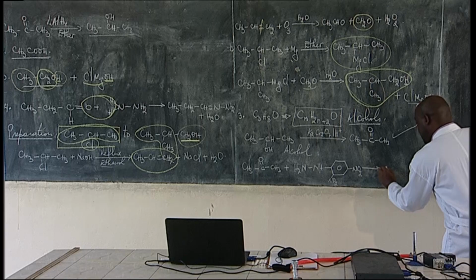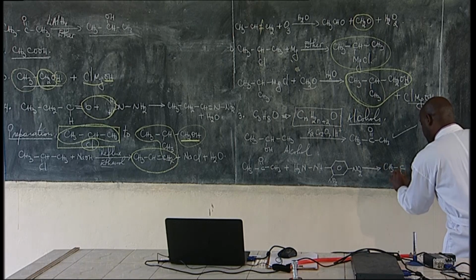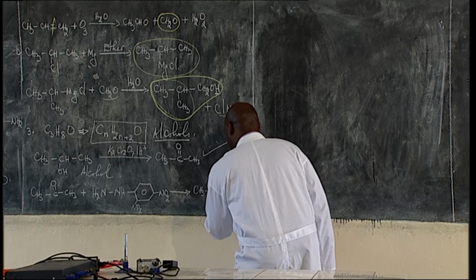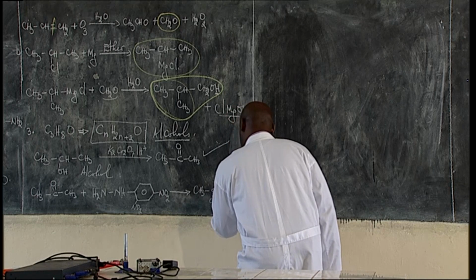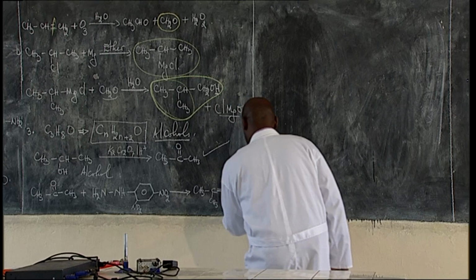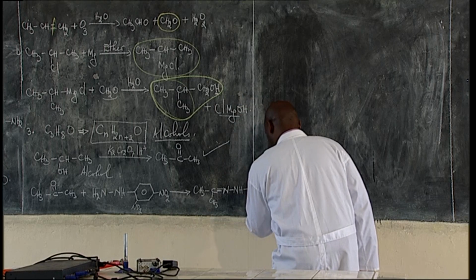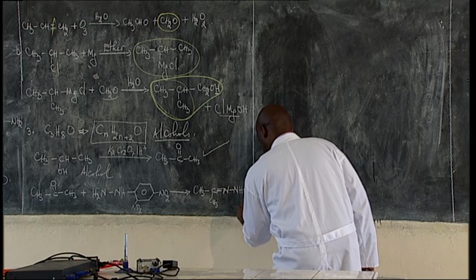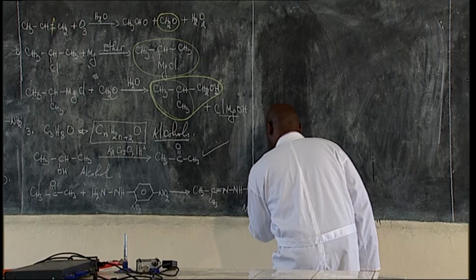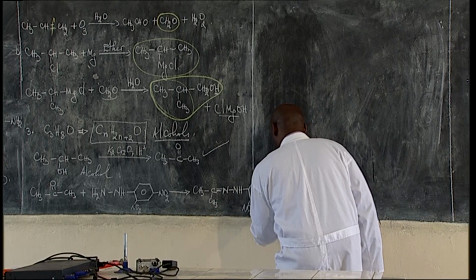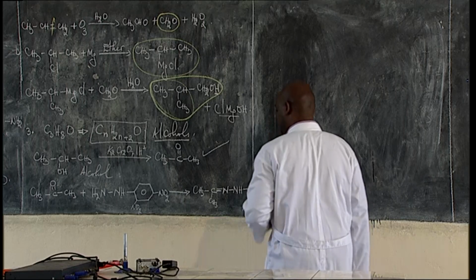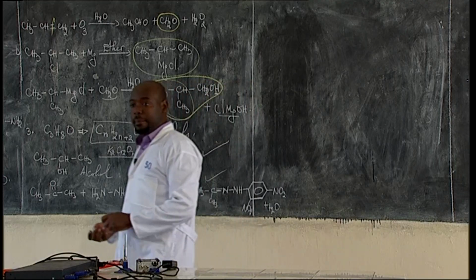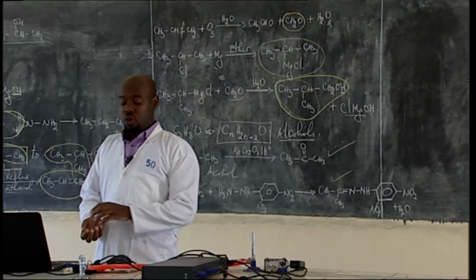We produce CH3, C, CH3, and then here we have a double bond with the nitrogen and NH and our ring here, with NO2 and NO2, plus H2O. This is the product we get. So we have the equations. Okay? Now we go to the next exercise.